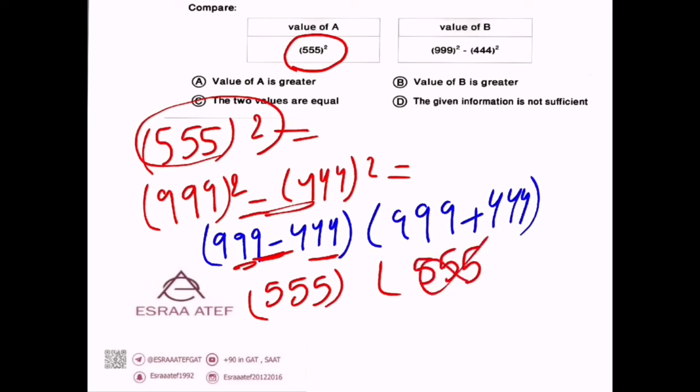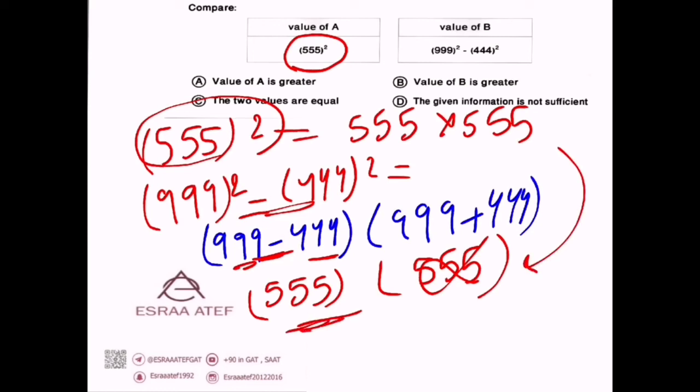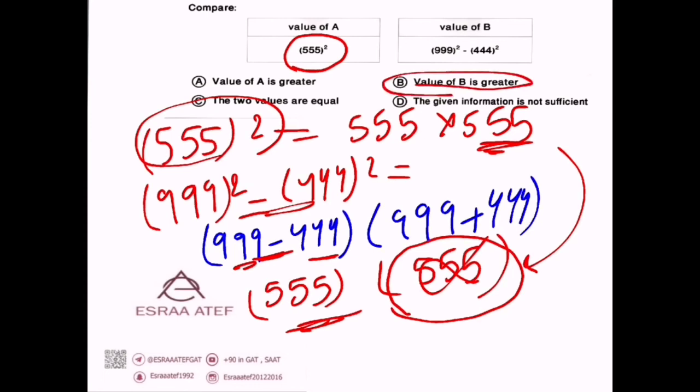It means that one side is 555 times 555, and the other is 555 times a number which is more than the other 555. So which one will be bigger? Okay, the value of b will be greater.